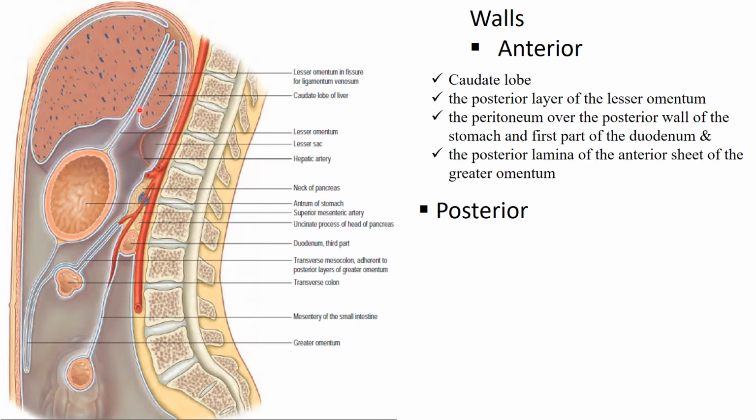Now this uppermost portion here is formed by the caudate lobe of the liver, then by the posterior layer of the lesser omentum, then by the peritoneum over the posterior wall of the stomach and the first part of the duodenum, and the lowermost portion is formed by the posterior lamina of the anterior sheet of the greater omentum in the uppermost part before the fusion of the anterior and the posterior sheet.